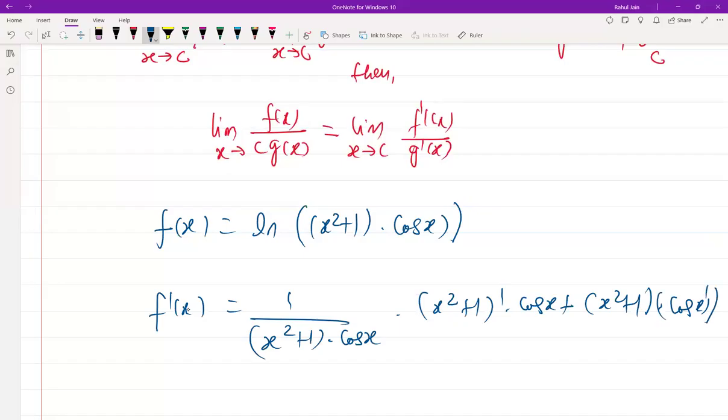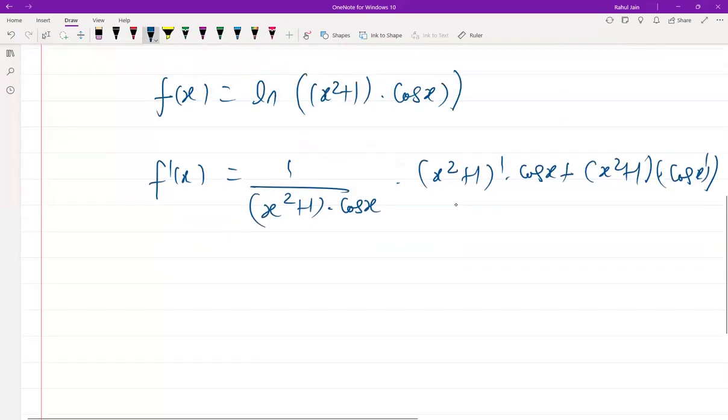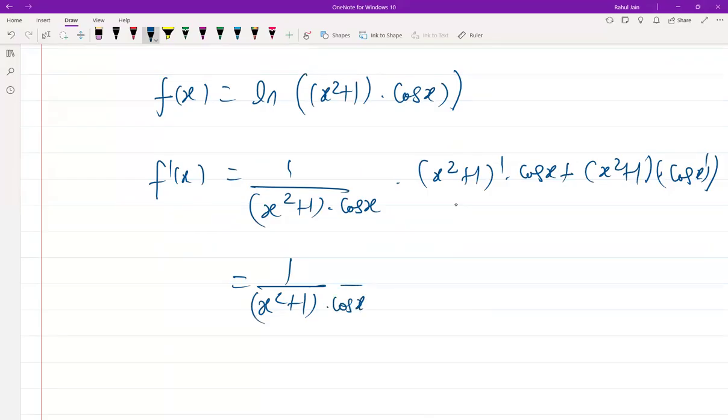Just L'Hospital rule we are using. And proceeding ahead with this equation, I get 1 by (x square plus 1) into cos x into (2x into cos x minus (x square plus 1) into sin x).